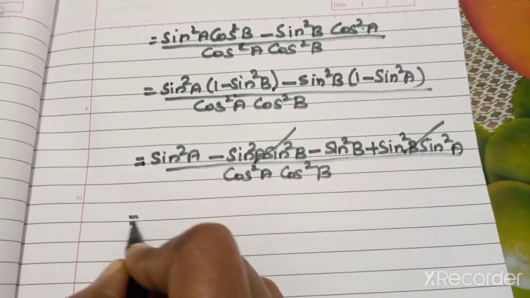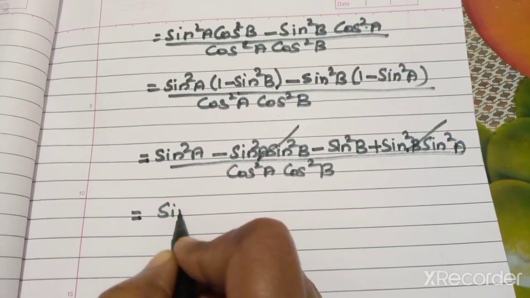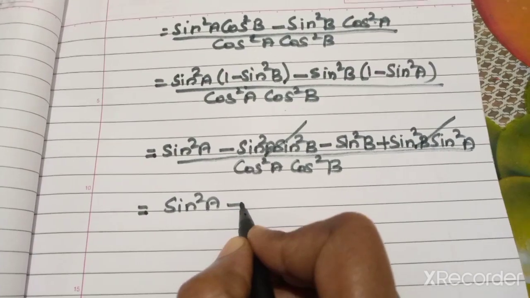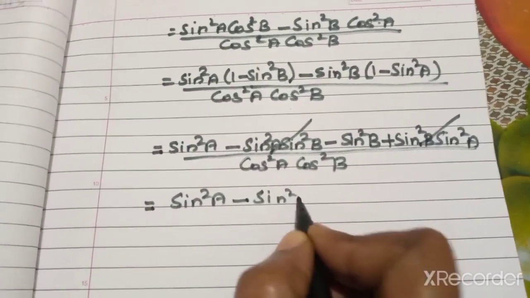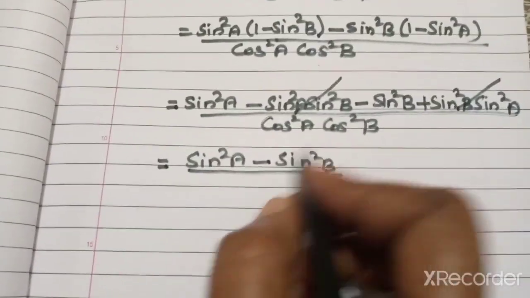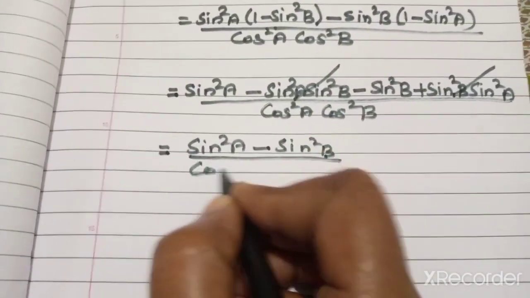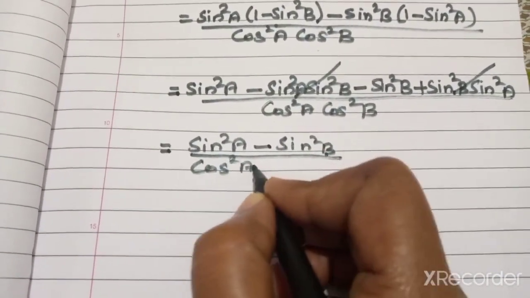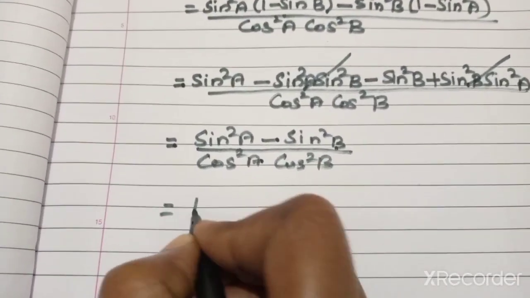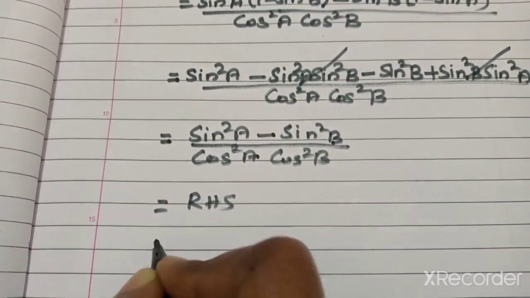Remaining terms, let's write: sin square A minus sin square B divided by denominator cos square A into cos square B, which is equal to RHS. Okay, hence proved.